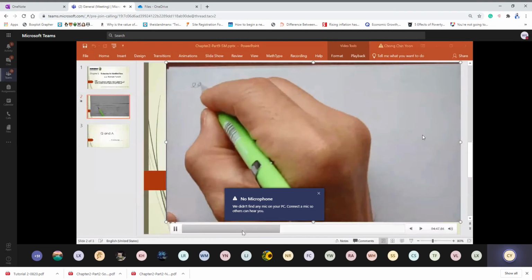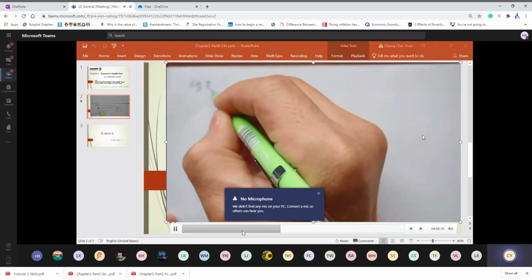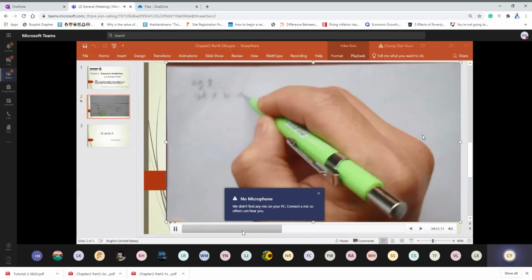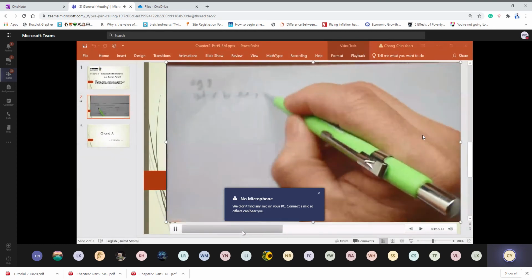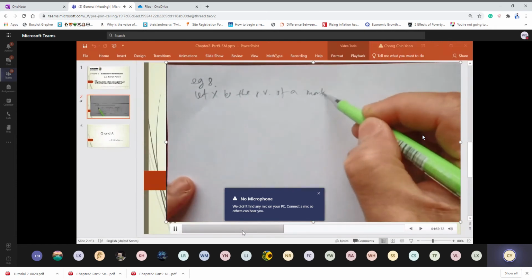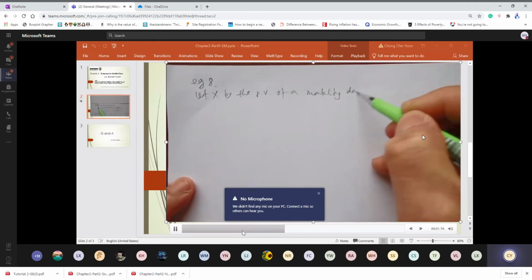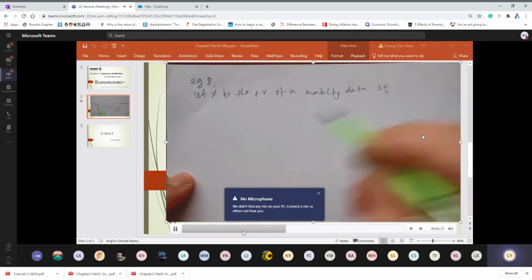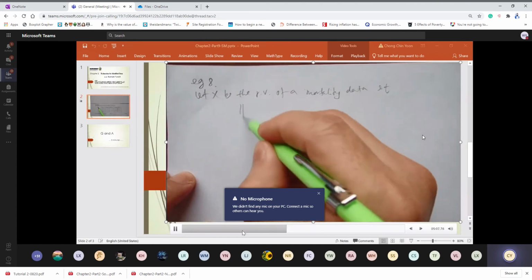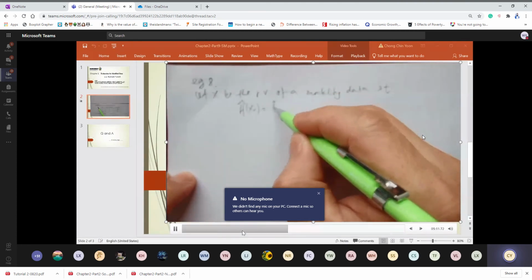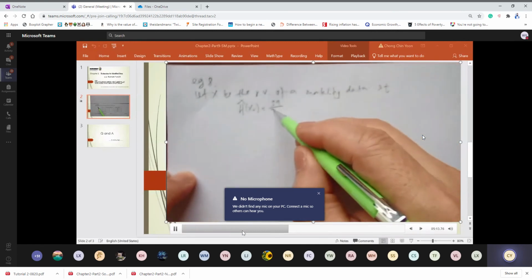So this is the solution for example 8. Let x be the random variable of a mortality data such that the cumulative hazard rate at x2 is equal to 39/380.